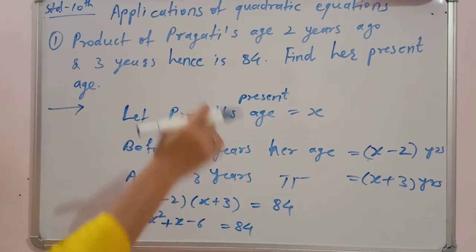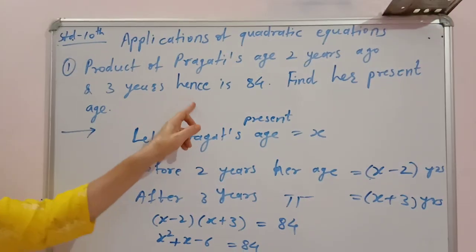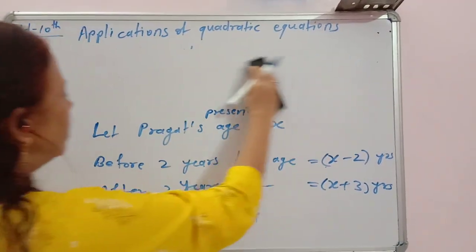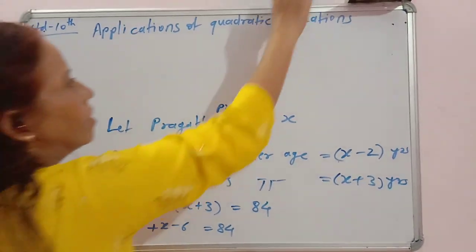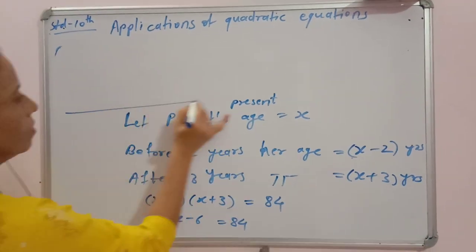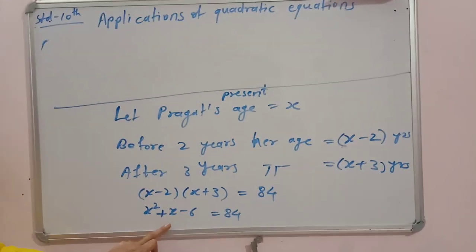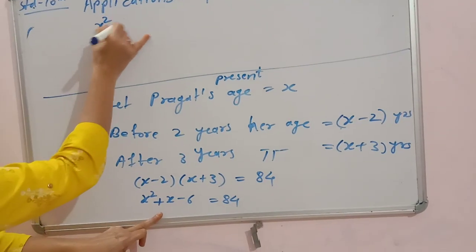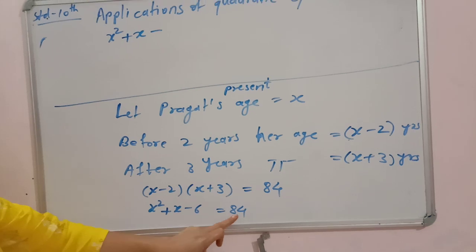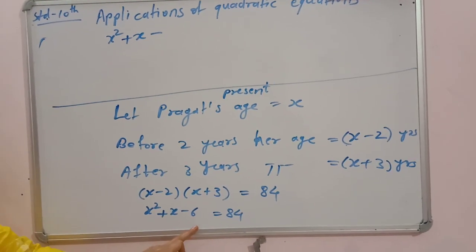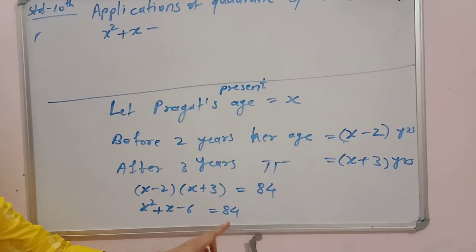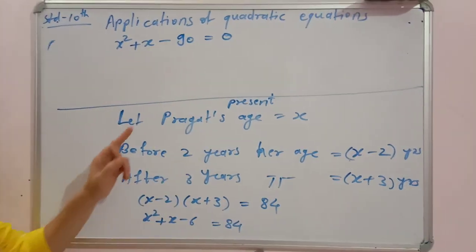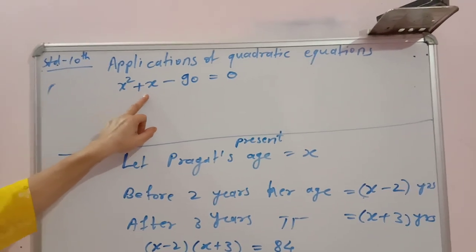Now I will rough this example because the quadratic equation is ready here and I will solve it here. Now this is x square plus x minus 6, and this 84 I will take to this side and it will become negative 84, that is minus 6 minus 84, it is minus 90 equal to 0. Now see, can it be solved by factorization?